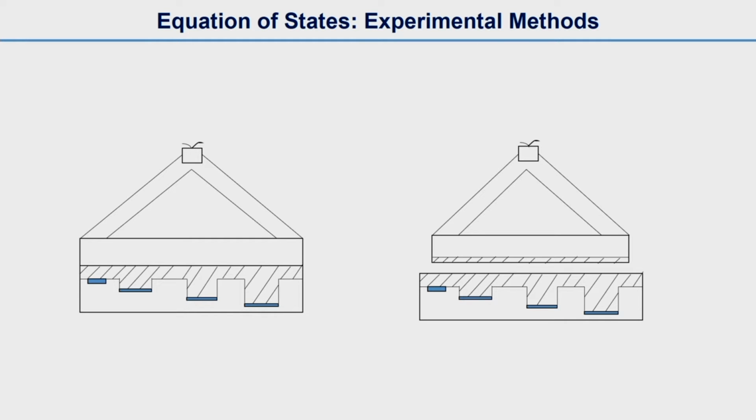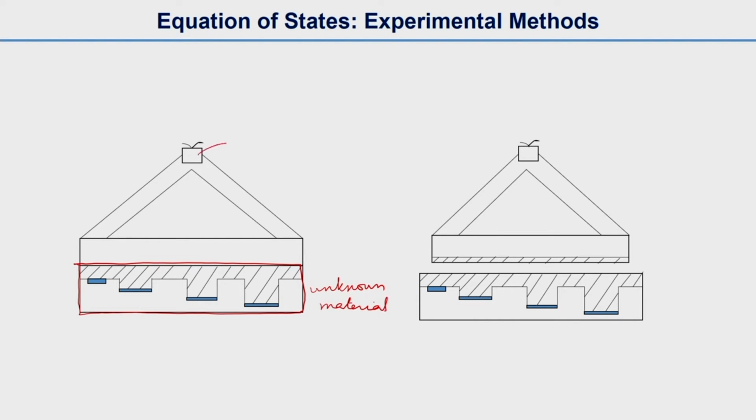These are older techniques to obtain the EOS. There is a little variation here in case 1 and case 2. We have the material, an unknown material, that is our target.